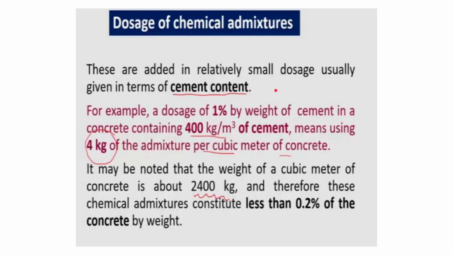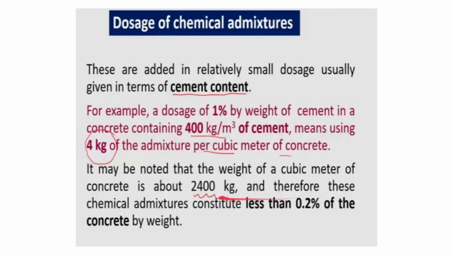For example, it is generally less than 4%. Here, say, we have taken a dose of 1% by weight of cement in a concrete containing 400 kg per meter cube of cement. 1% of 400 will come to around 4 kg. So 4 kg of admixture per cubic meter of concrete will be used if the dosage is 1%.